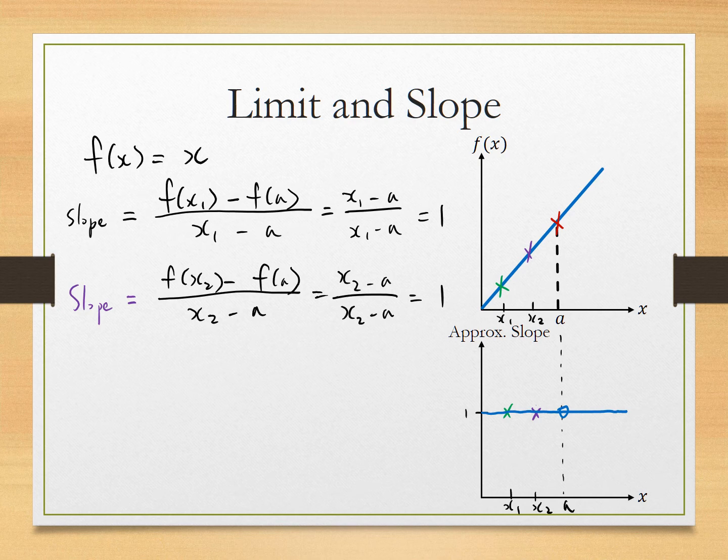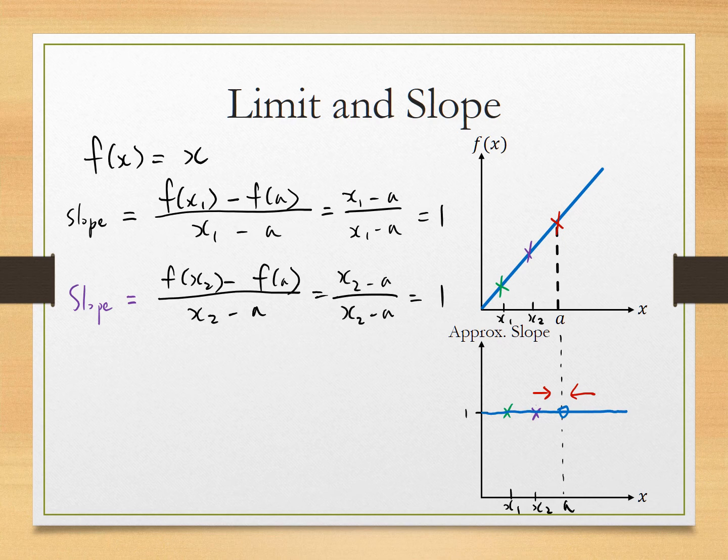However, if you look at the diagram of the approximated slope, it should be clear that the function of the approximated slope approaches a particular value, because no matter what other points you use to calculate the approximated slope, it's always going to be 1.